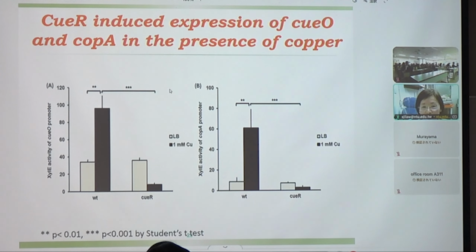So we conclude that the copper induced CueO and CopA depends on the presence of the CueR transcription factor.